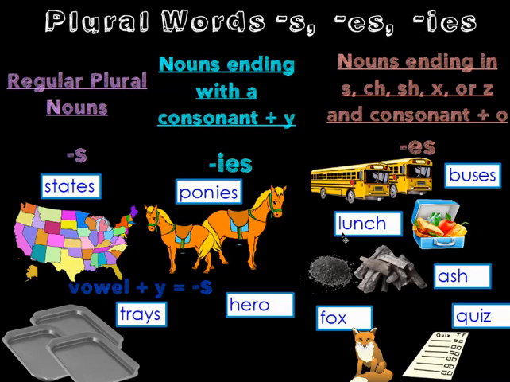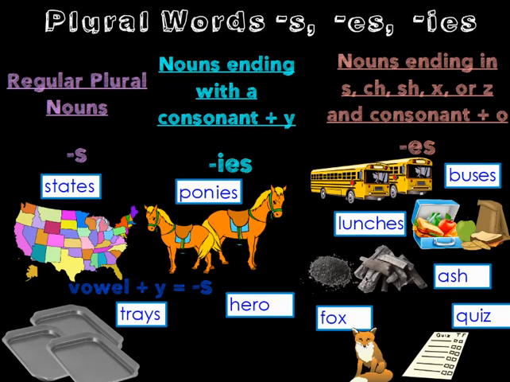Next, let's look at the word lunch. This word ends in CH. To make this plural, we have to add ES. So now instead of having just one lunch, we have two lunches. Next, let's look at the word ash.